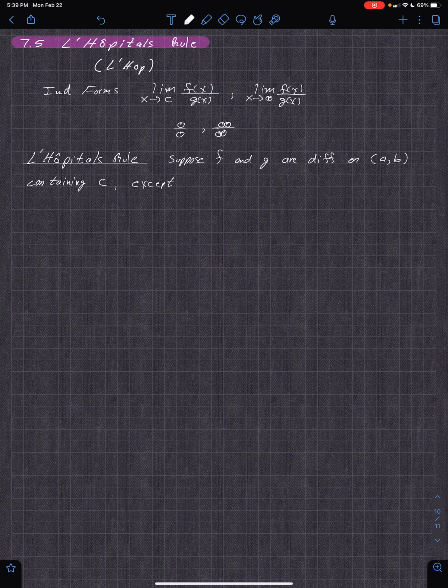So it's like you're taking a limit, so you don't necessarily have to approach equal to c. So if it's differentiable, then we know it's continuous. So this is a more restrictive hypothesis, but it is differentiable.